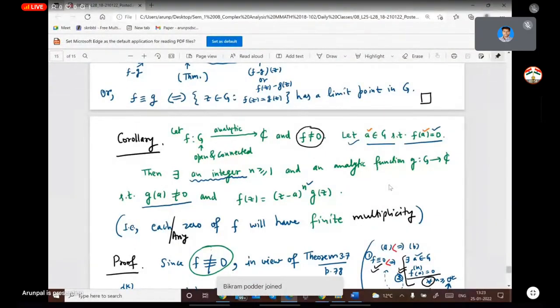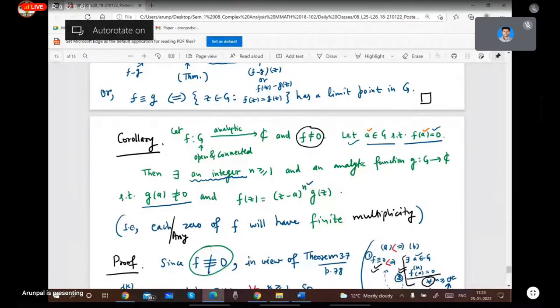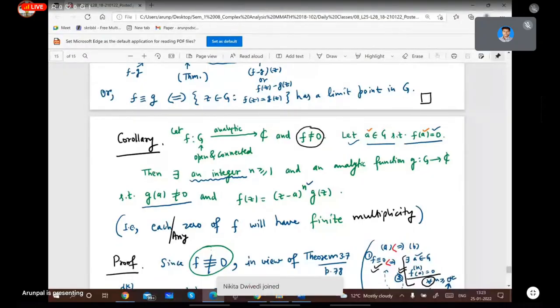Yes, sir. Okay. So last time I was doing this corollary that for every analytic function defined on an open connected set, every zero has a finite multiplicity.